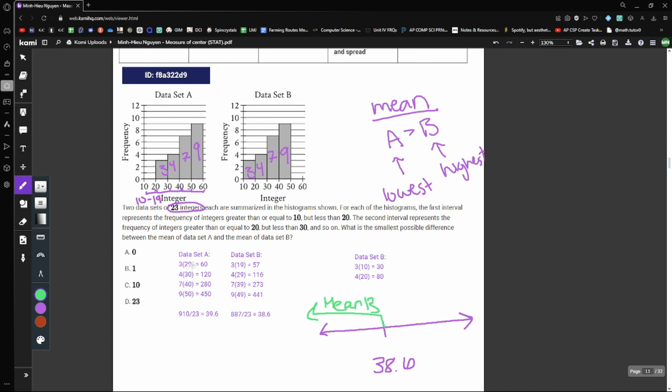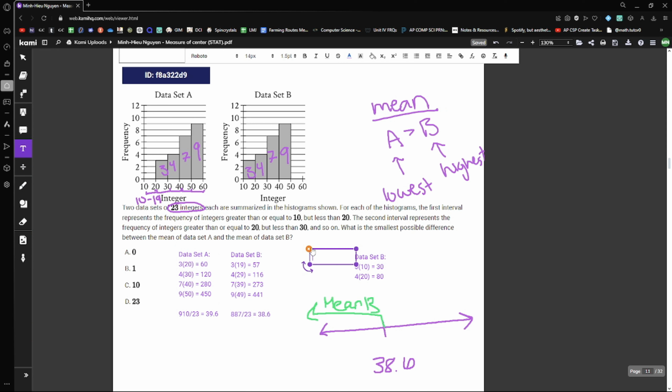Alright? And for dataset A, let's say I chose any larger number than 20. So let's say I chose 29 instead. For dataset A, 3 times 29 is 87. 87 is larger than 60. And then 4 times 39 would be 156.